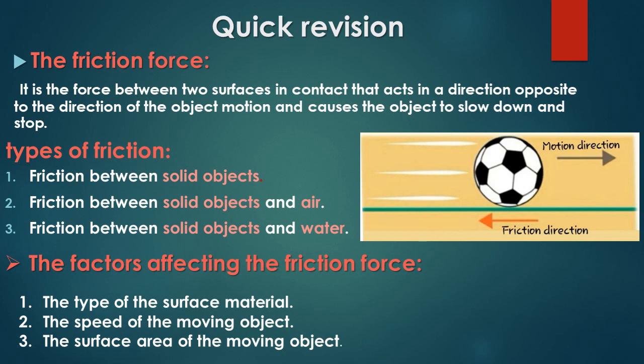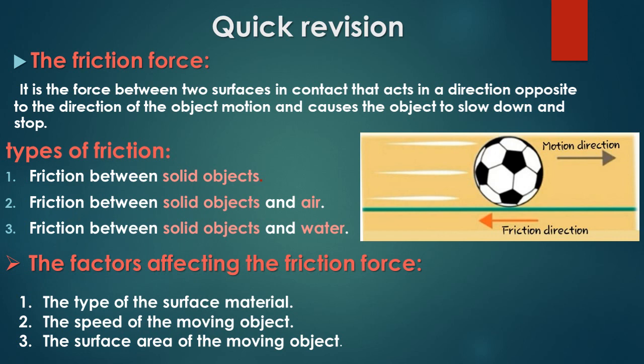We also studied the factors affecting the friction force. Number 1, the type of the surface material: when I have a rough surface, the friction force increases, and if I have a smooth surface, the friction force decreases. The second factor is the speed of the body.